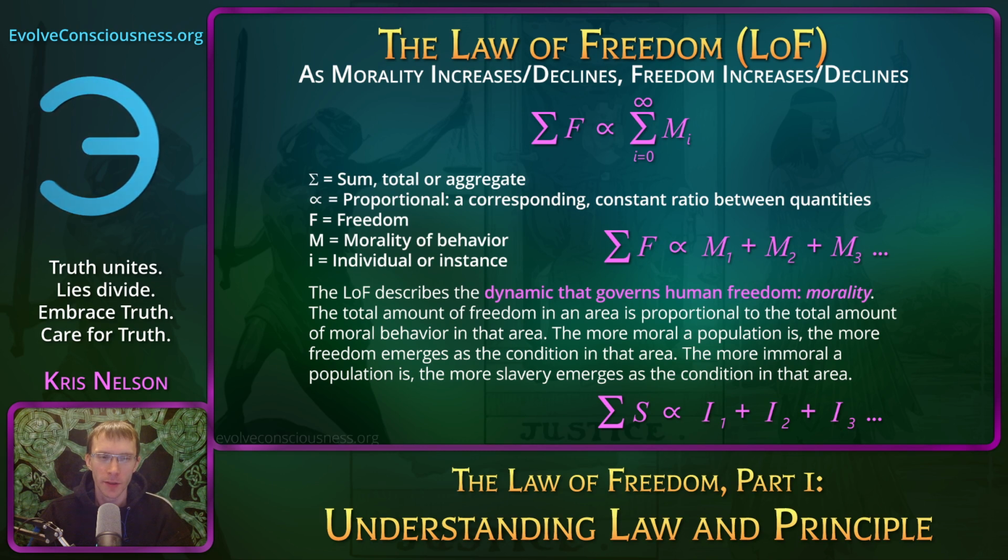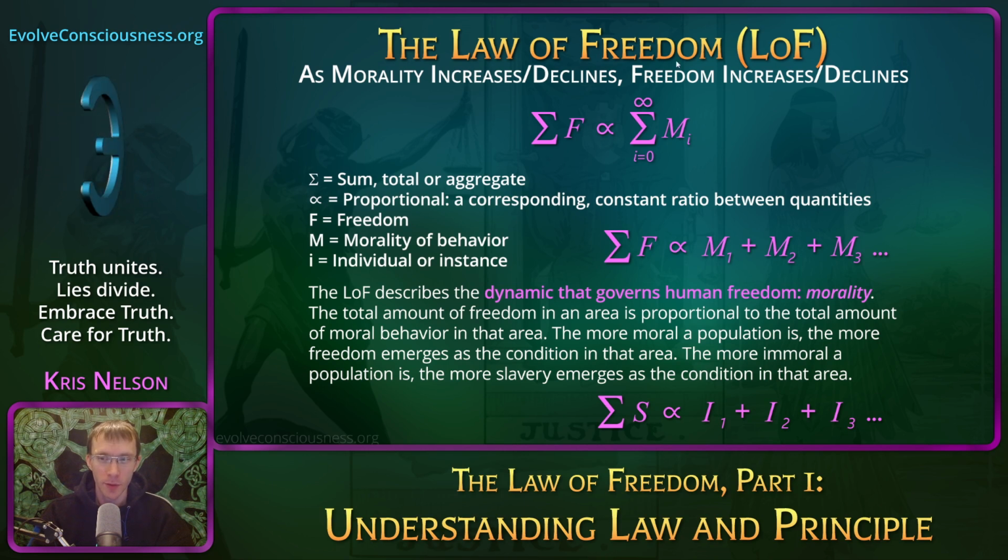The law of freedom describes the dynamic that governs human freedom, which is morality. The total amount of freedom in an area is proportional to the total amount of moral behavior in that area. The more moral a population is, the more freedom emerges as the condition in that area. The more immoral a population is, the more slavery emerges as the condition in that area.